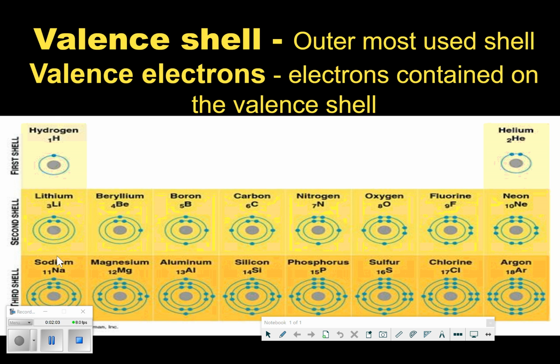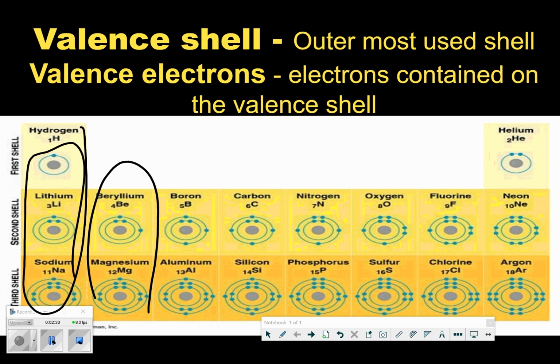So anything in this first column, anything in this column has 1 valence electron.